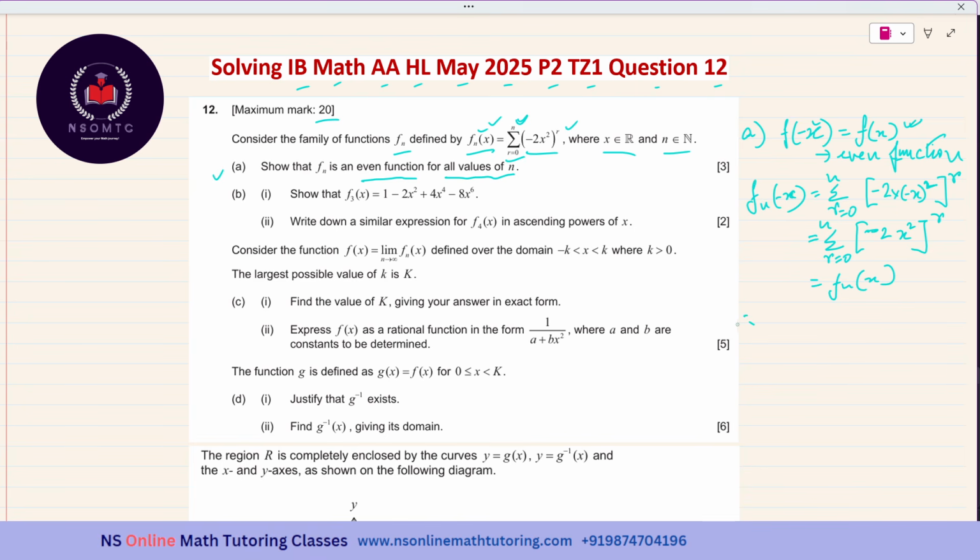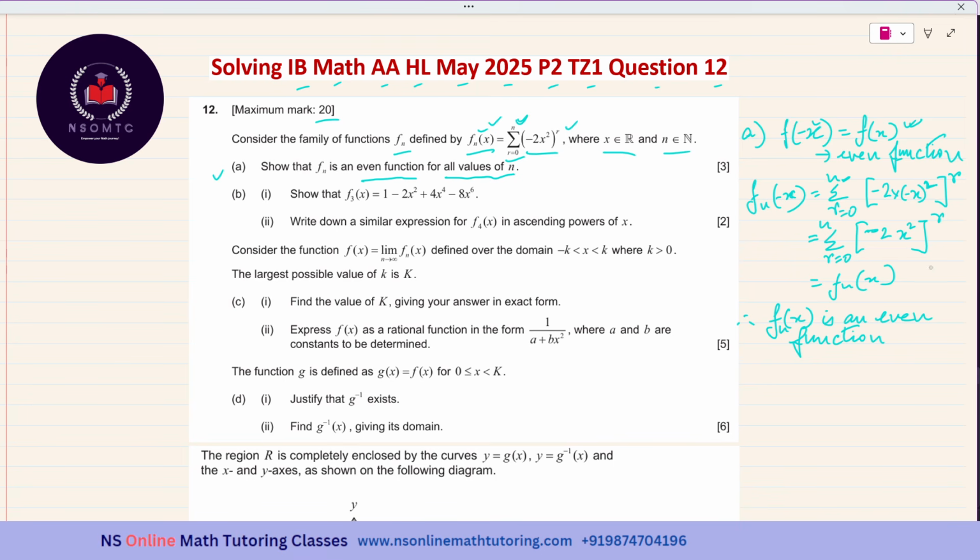So therefore, fn of x is an even function for all values of n, because we have not changed any value of n. It is r is ranging from 0 to n. So we have not done anything with n. So this is true.